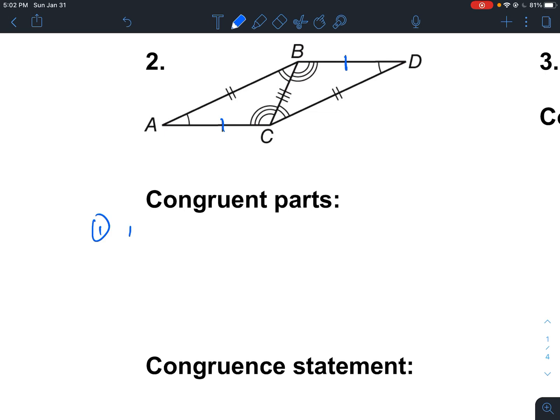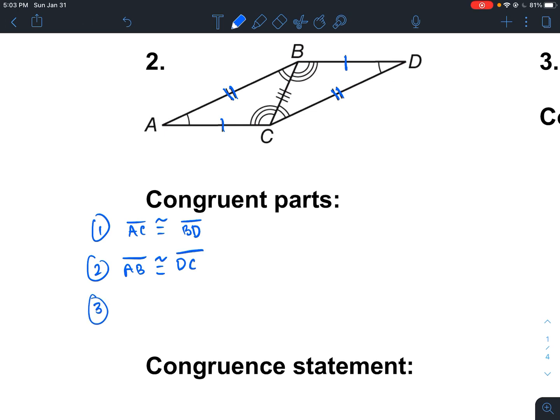So line segment AC is congruent with line segment BD. Then I have this line AB corresponding with DC. So AB is congruent with DC.